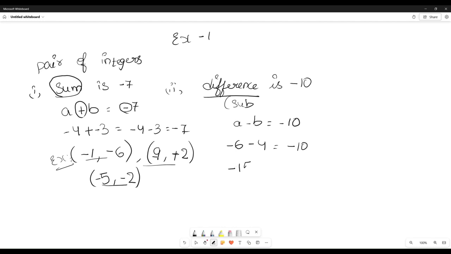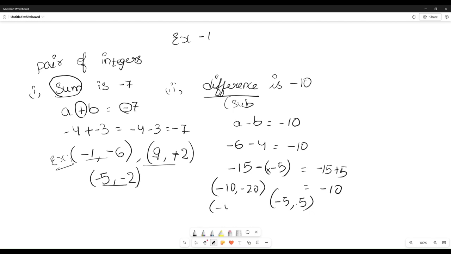We get -10. Then here are some examples. -15 - (-5). Here I took two negative integers. Minus into minus is plus. -15 + 5 is -10. And I'm going to tell some examples like -10, -20 and -5, +5 and -4, 6 and -7, 3. These are the examples for -10.